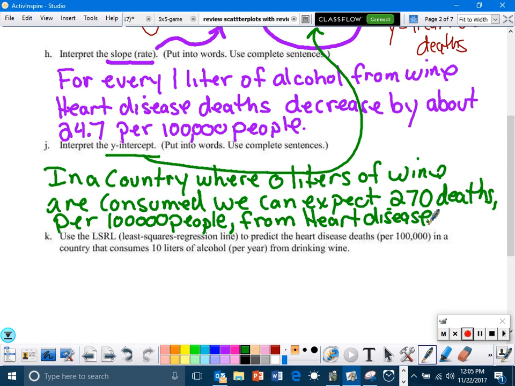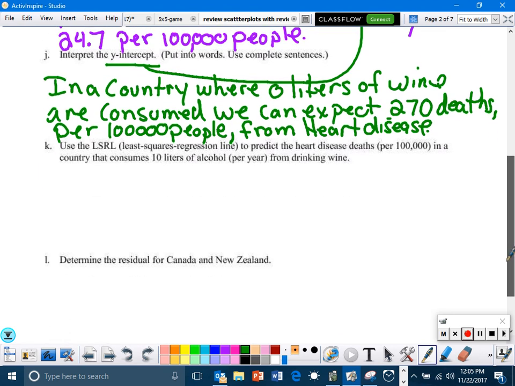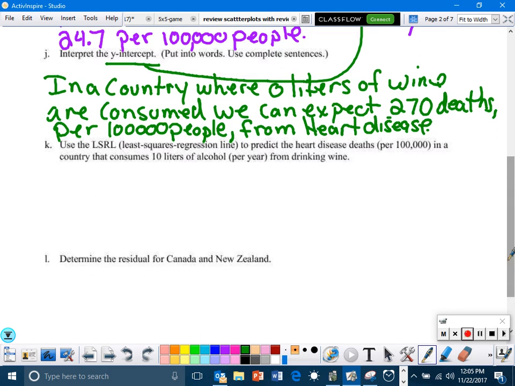Okay, the next part. Use the least squares regression line to predict the heart disease deaths per 100,000 in a country that consumes 10 liters of alcohol per year from drinking wine. I'm going to rewrite my equation down here: y equals negative 24.7x plus 270.